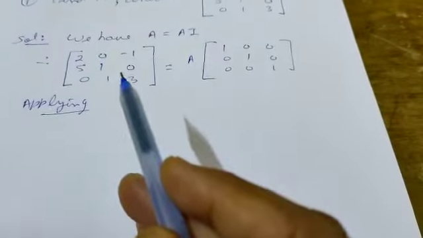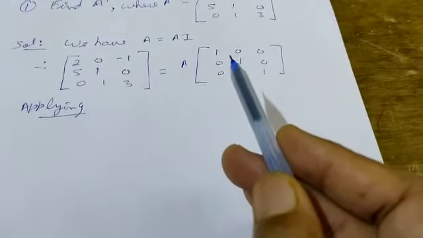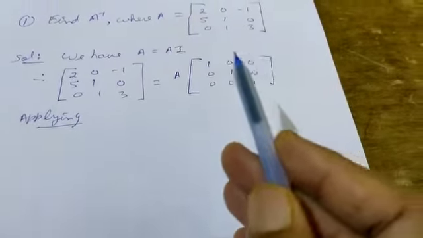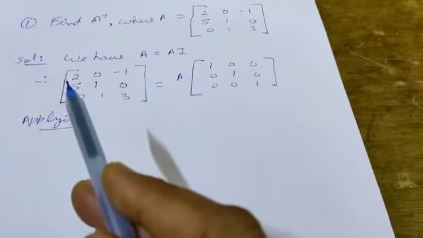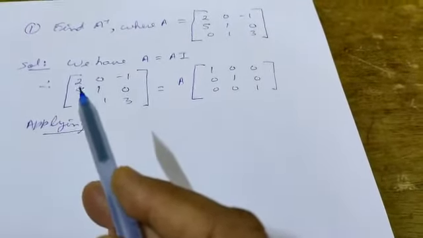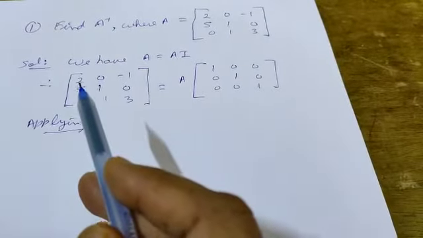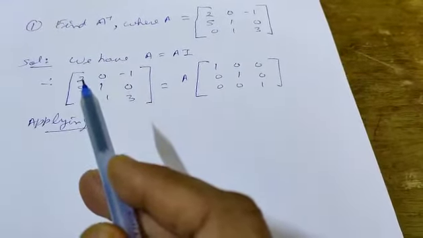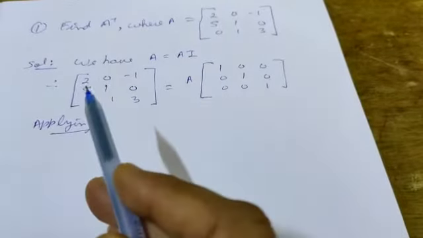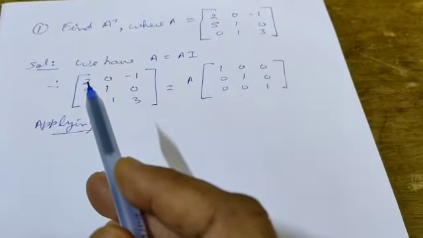Here you recall what an identity matrix is. The first row is 1 0 0. So in column transformation, you have to first convert the first row to 1 0 0. Here it is 2, here 0, here -1. First of all, we'll make this 1, because in the identity matrix the first row, first element is 1.